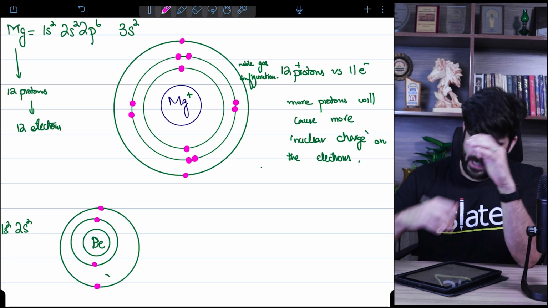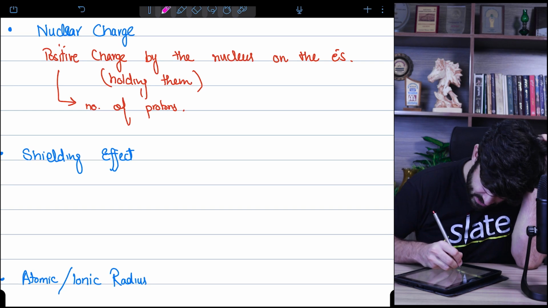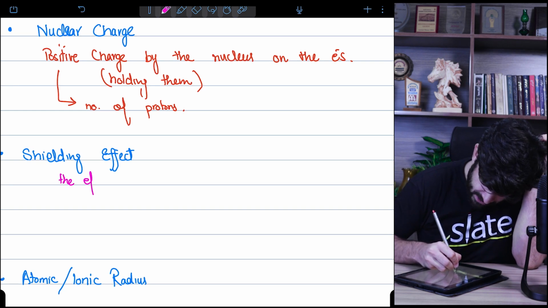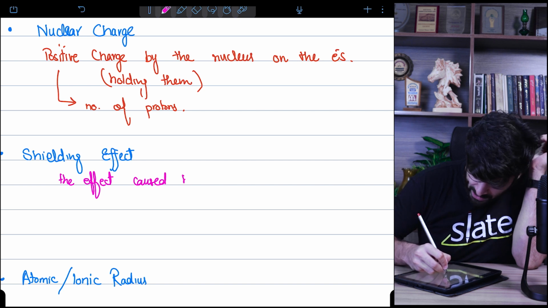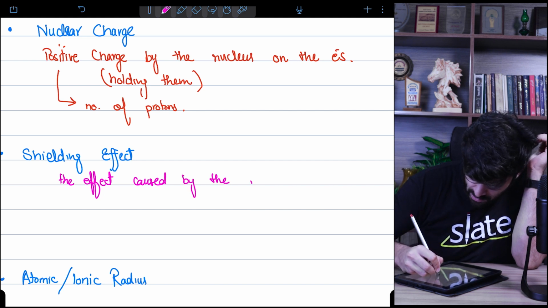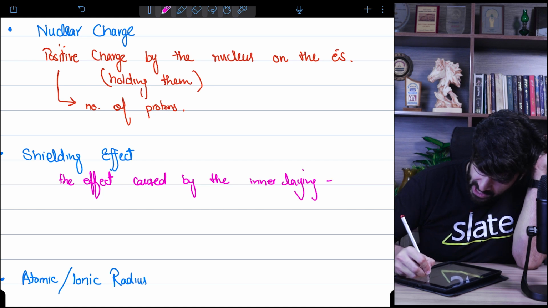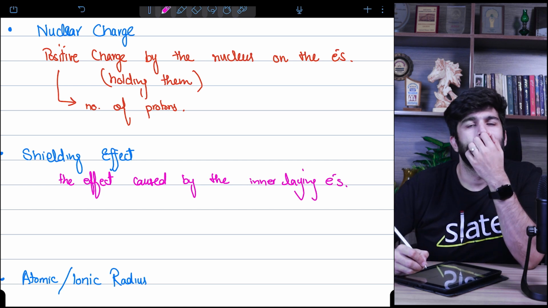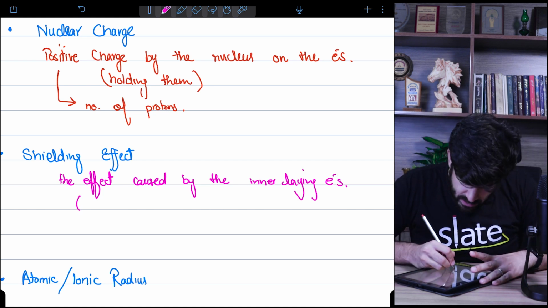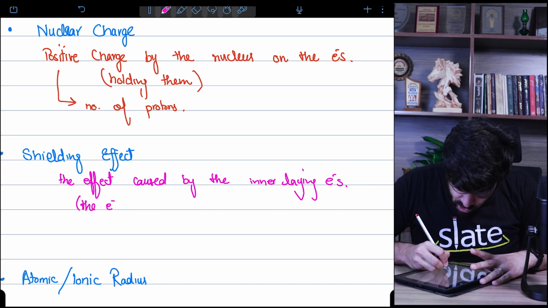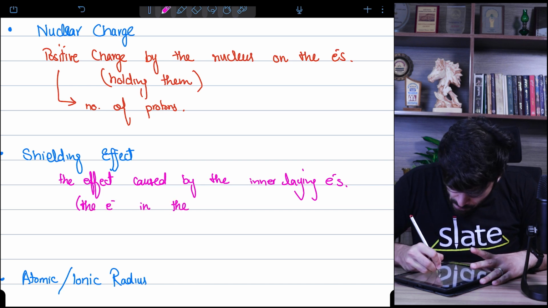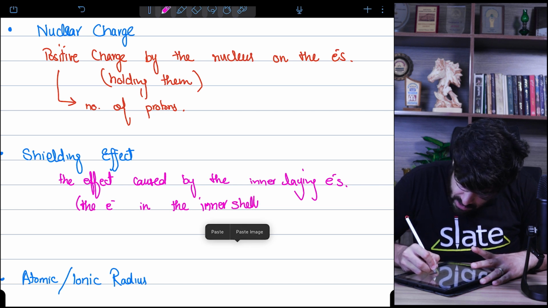Shielding effect. First, let me write what the shielding effect is. The effect caused by the inner lying electrons, that is, the electrons in the inner shells.